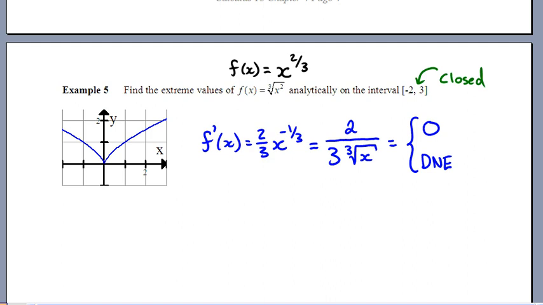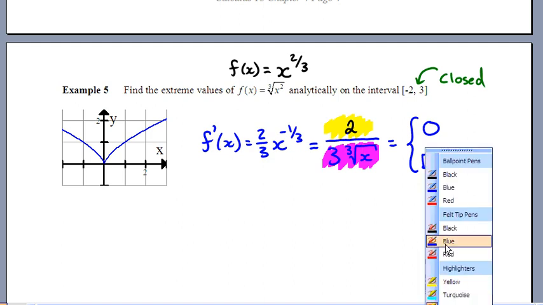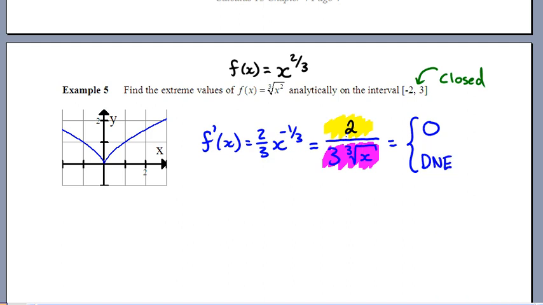Now this fraction has a top to it, a numerator, and it's got a bottom to it, a denominator. If you want your fraction to be zero, it has to be the top that's equaling zero. There's no way that can happen on this one because all that we have on the top is a 2 and it's busy being 2. So that fraction can't be zero. So if I'm looking for critical points, I'd have to say, you know what, that's a never.